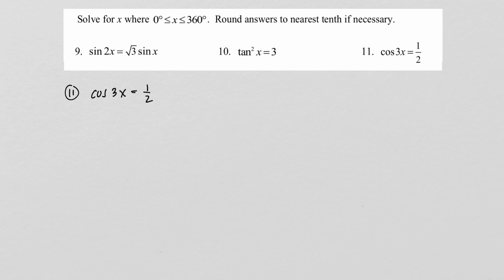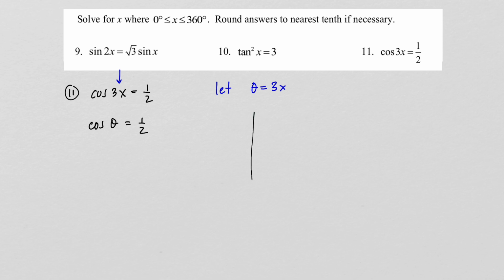And in number 11 here, we have cosine of 3x is equal to 1/2. What I like to do here is substitute something for 3x. Let's let theta be equal to 3x. And then that transforms this problem into a more simple problem: cosine of theta is equal to 1/2. So then we'll find all the solutions for theta, and then we'll find the corresponding solutions for x.